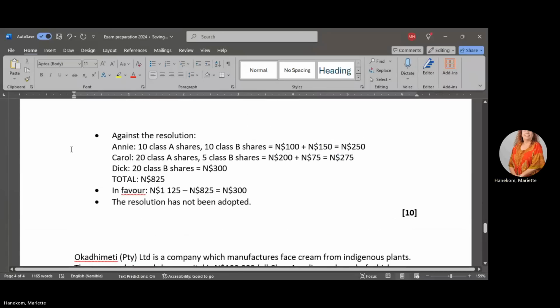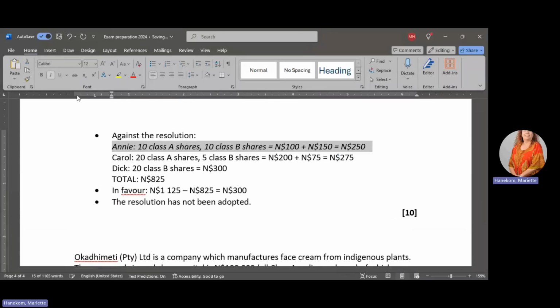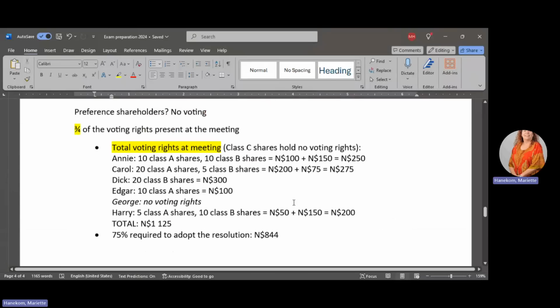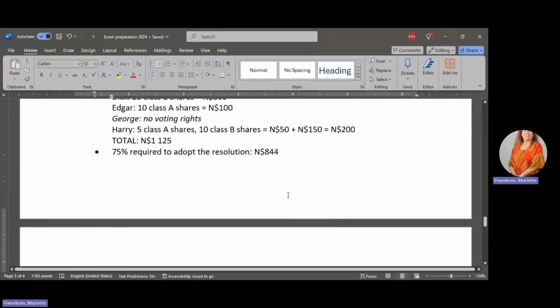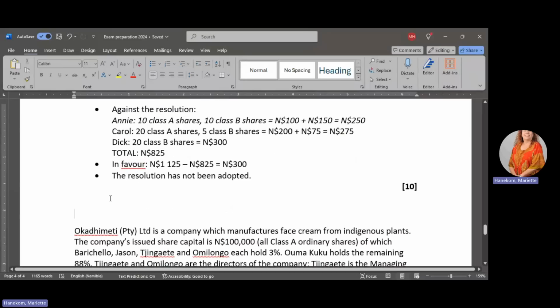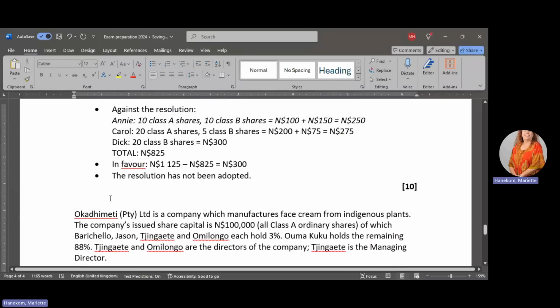So you need to include Annie. She has voting rights. You do your maths. Obviously, if those voted against, those that voted in favor is the difference, and your resolution has not been adopted. Want to see your calculations, people? Remember your proxies. Remember to take them into consideration.